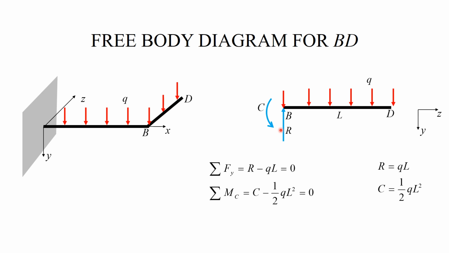But it has the right direction, so the answers are straightforward for the shear force R and for the couple, and the values are given here. So the beam BD experiences bending.